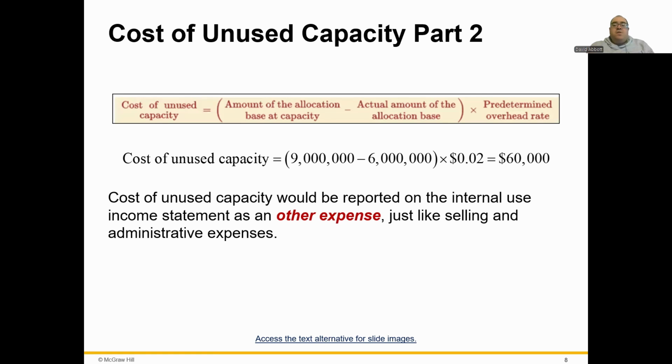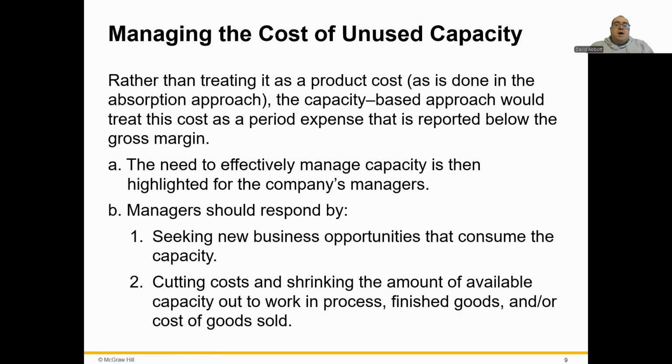So the cost of the unused capacity would be reported on the internal use income statement as an other expense, just like selling or administrative expense. So they're paying for this, but obviously they're not utilizing it. So managing the cost of unused capacity, rather than treating it as a product cost, as is done in the absorption approach, the capacity-based approach would treat this cost as a period expense that would be reported below the gross margin.